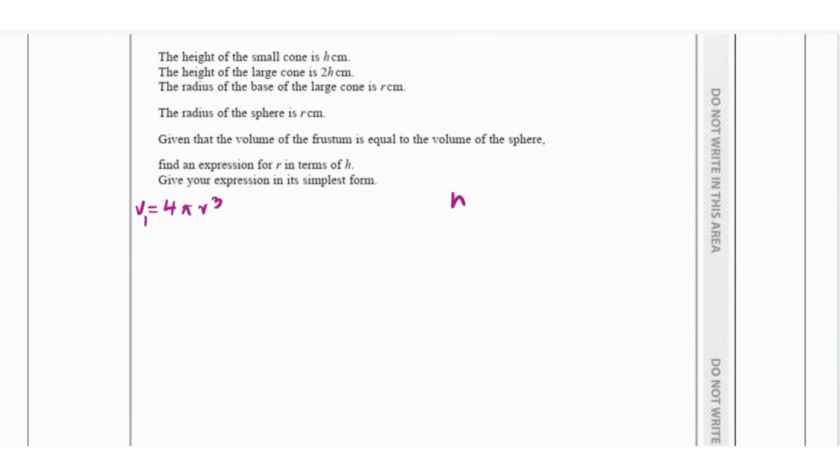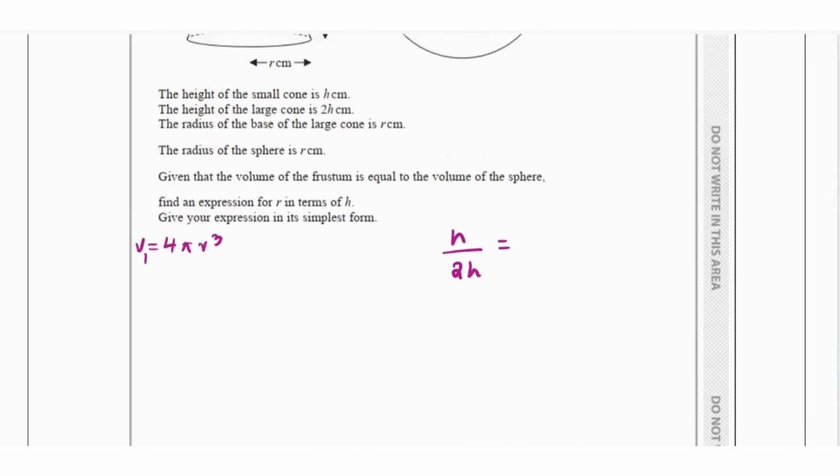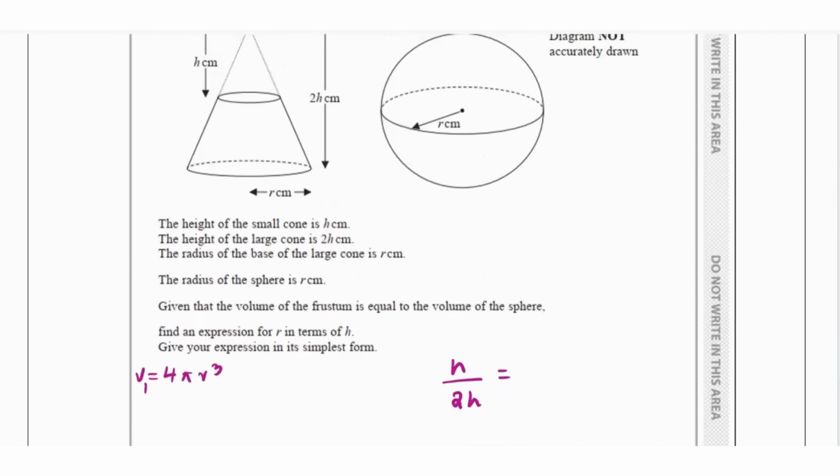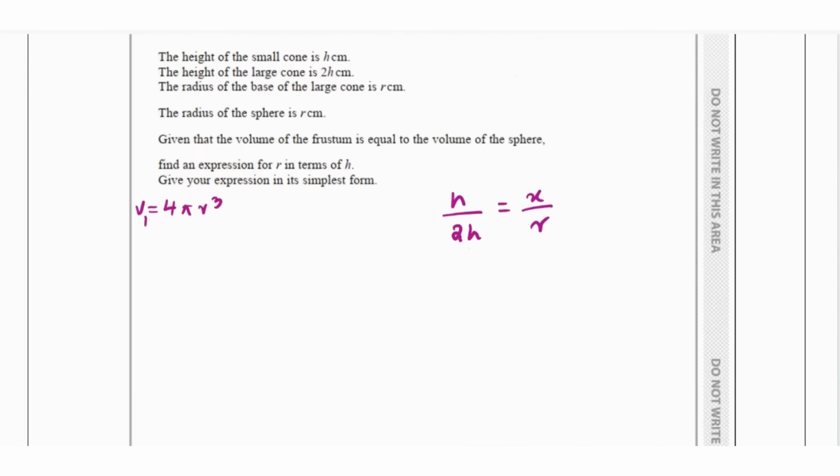So h over 2h is the same as x over r, since both the cones are similar. So x is going to be r over 2. This is the radius of the small cone.